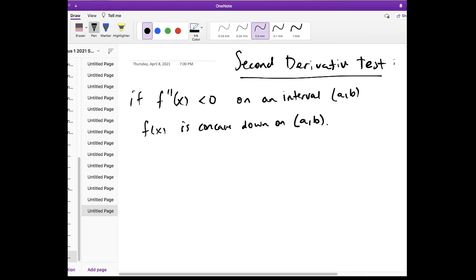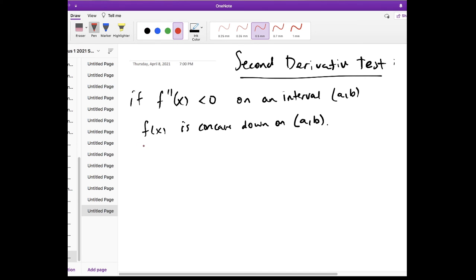So this is just analogous to our first derivative test, right? We had, if the first derivative is negative on an interval, then the function is decreasing. So the second derivative component is, if the second derivative is negative on an interval, then f is concave down.